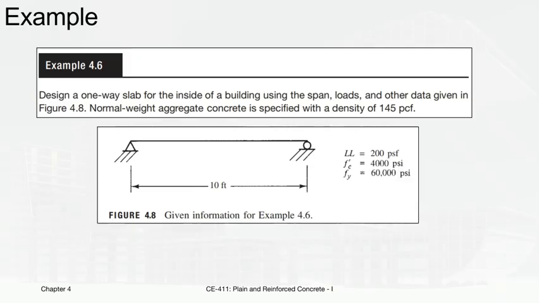This is a simply supported slab which has a 10 feet span. The live load is 200 pounds per square foot, the concrete compressive strength is 4000 psi, and the steel yield strength is 60,000 psi, right?